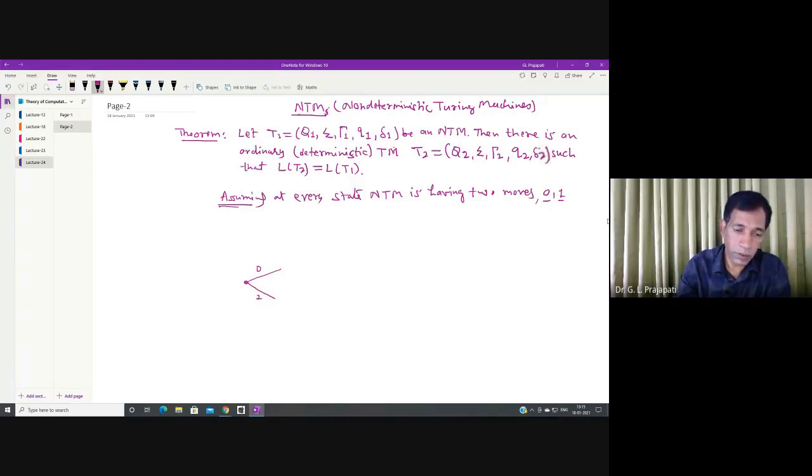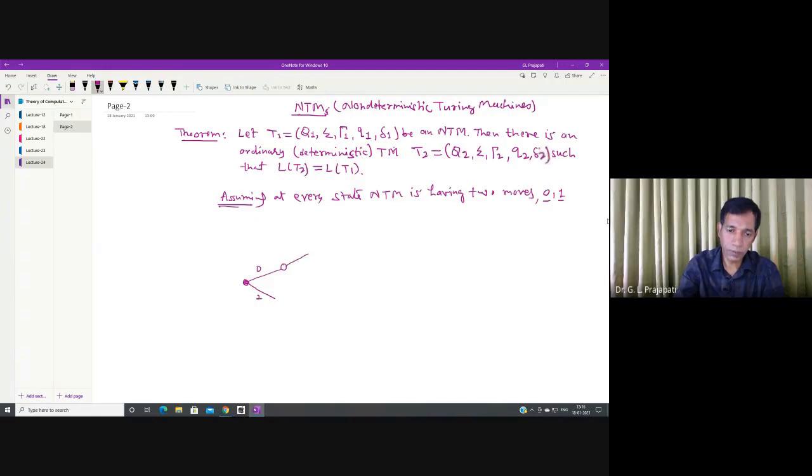So once your Turing machine exercises the move 0, it may go to this configuration. These are the configurations of the machine. So a node shows a configuration, and this is the root, and your machine is going to start at the initial configuration. So once you are at this configuration by exercising the move number 0, then again your Turing machine has two moves.